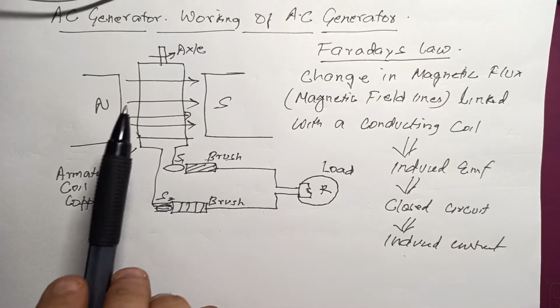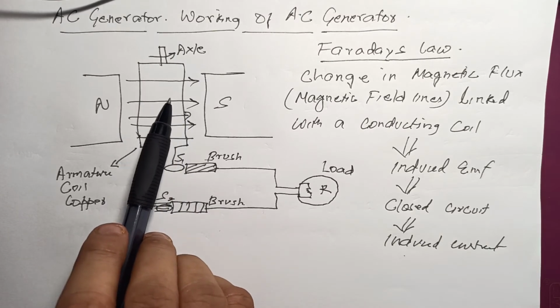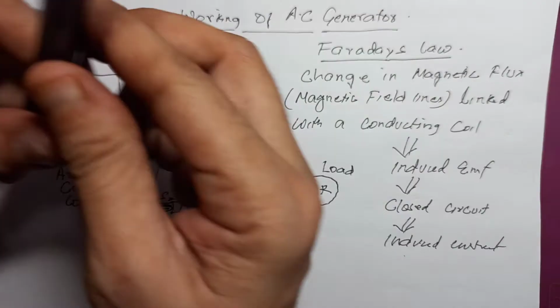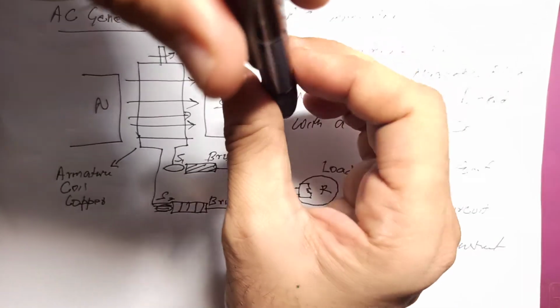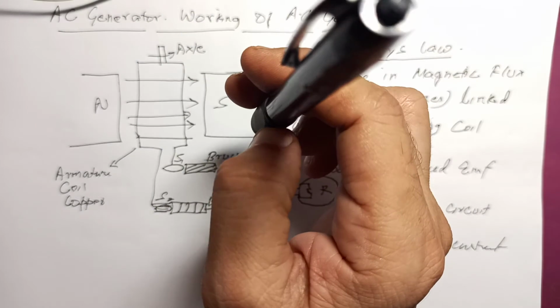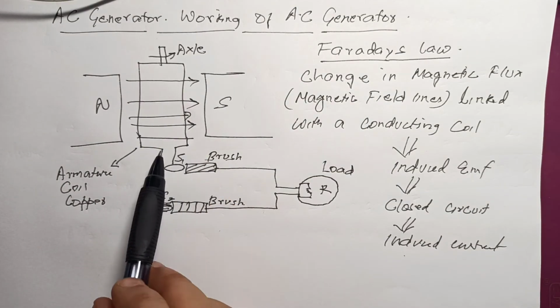So when it rotates, the current is generated. It is rotating like this, as you see here, correct? So when it rotates, these magnetic field lines change and current is produced.